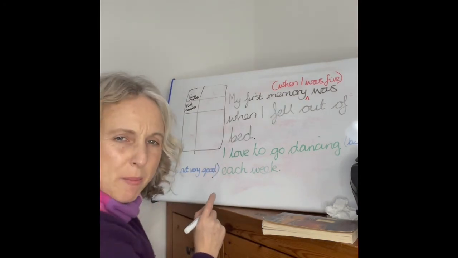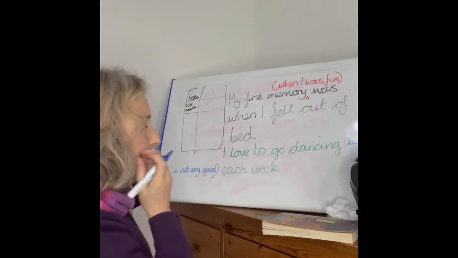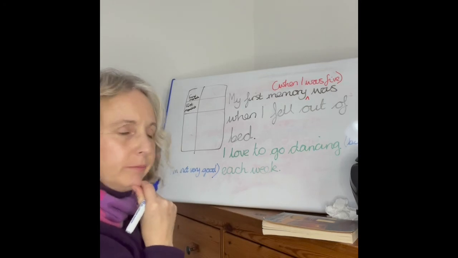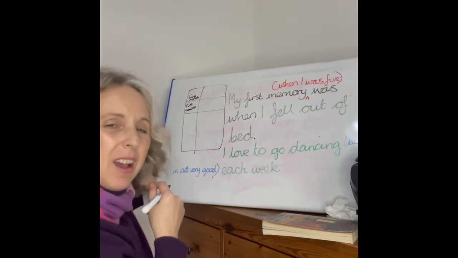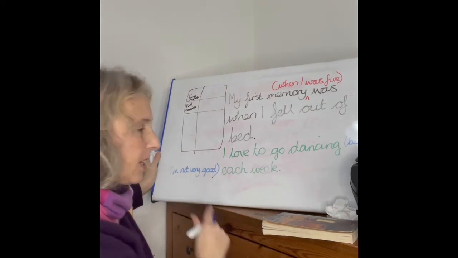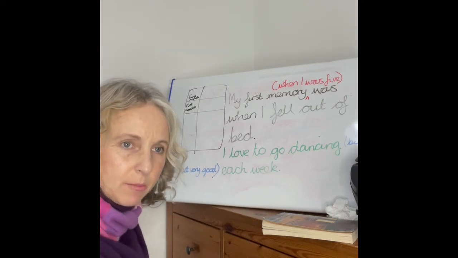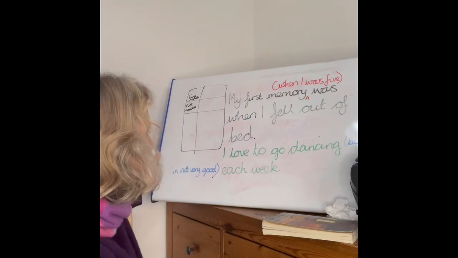Let me just read that back again. I love to go dancing, but I'm not very good each week. I'm not sure I love that. I think that sounds like I've just put it in for the sake of putting something extra in. It hasn't worked like I wanted it to.